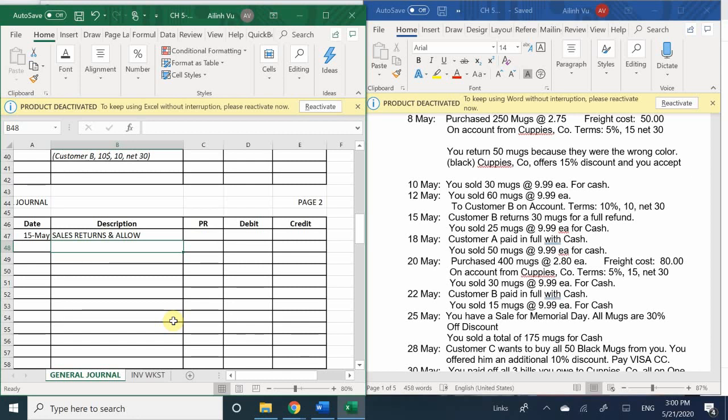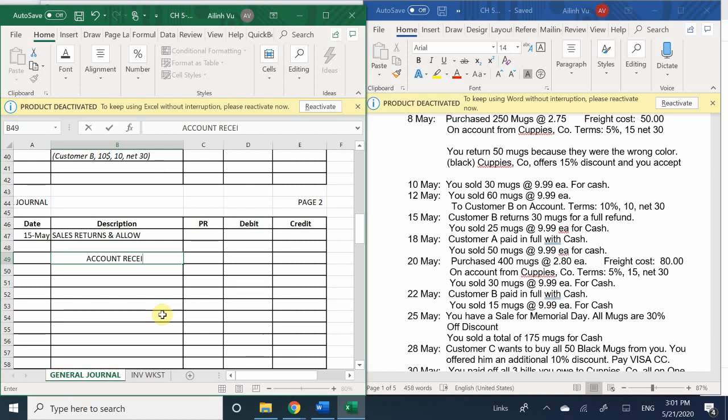Not payable, we don't owe anybody. Receivable. Accounts receivable. They owe us. So we need to recognize that they need to give us back, and deduct the amount that they owe.